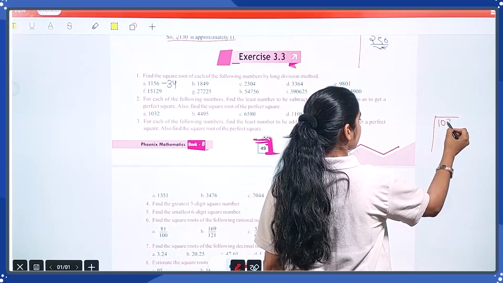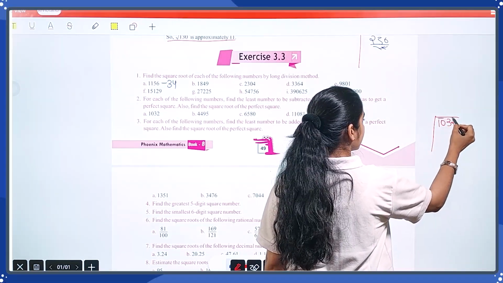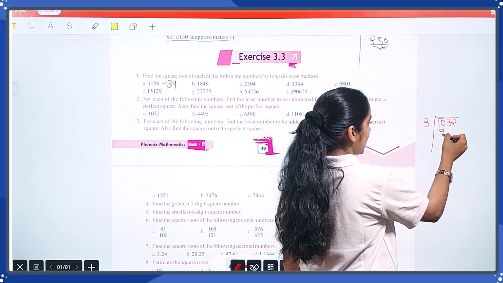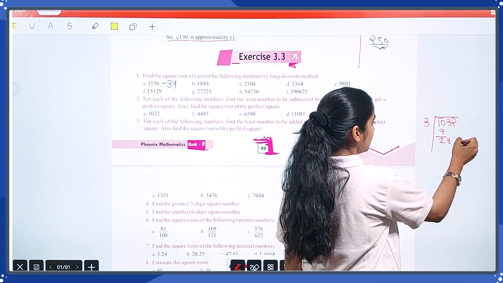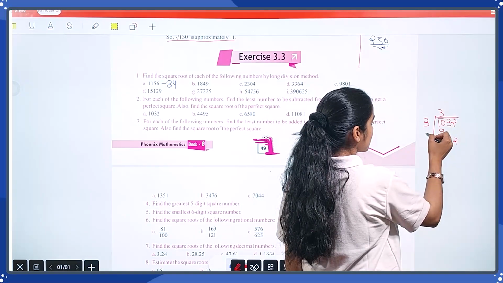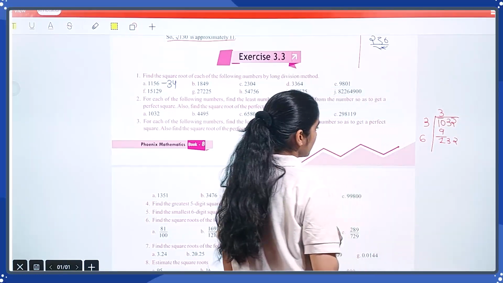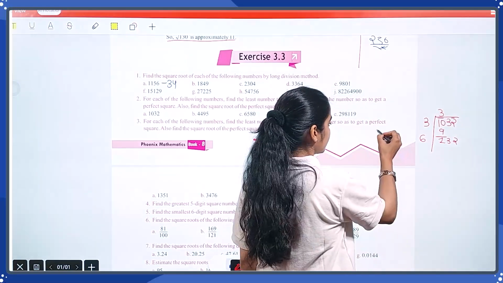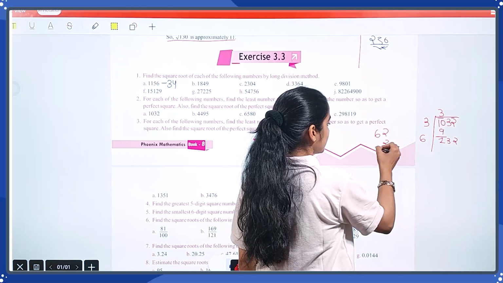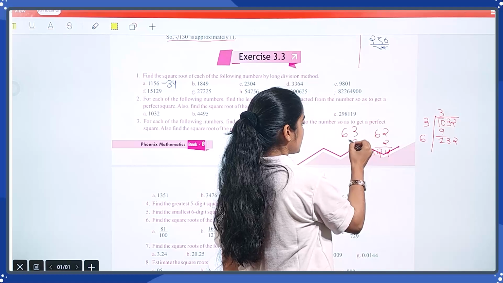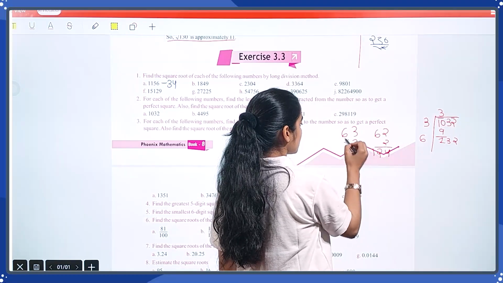1032. First we pair it. Then we take 3 square, 9, 1, 32. 3's double is 6. Then 3, 3, 4, 4, 5, 5, 6, 6. 2 2's are 4, 2 6's are 12. And 3 3's are 9, 3 6's are.